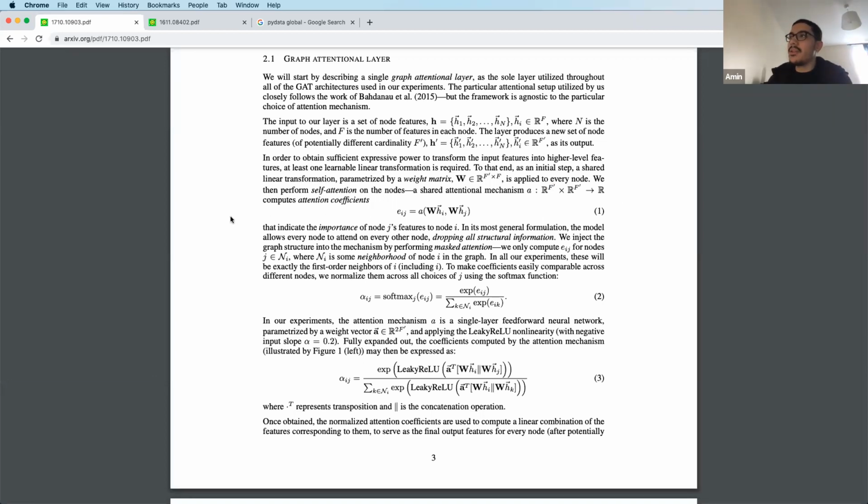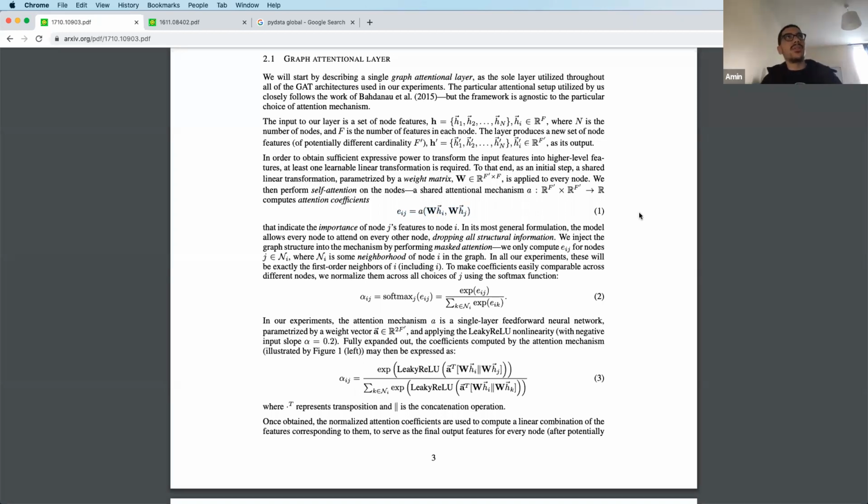And then, with these feature vectors, you take every pair of nodes and you compute the attention coefficients. So these are the attention coefficients.